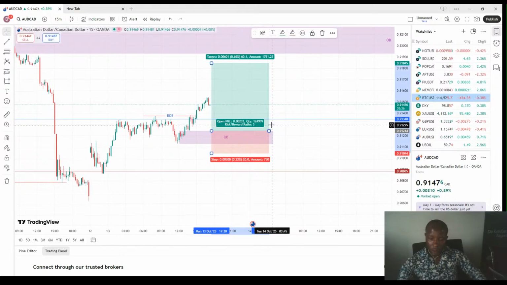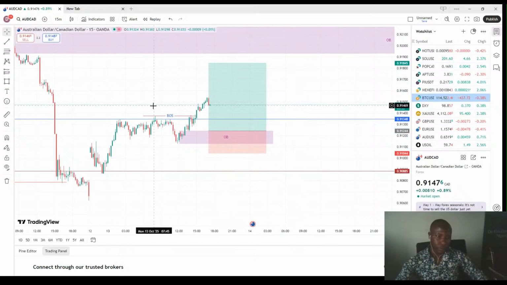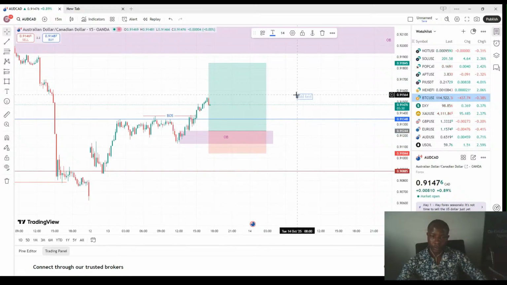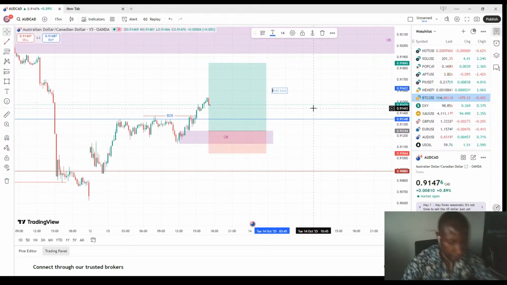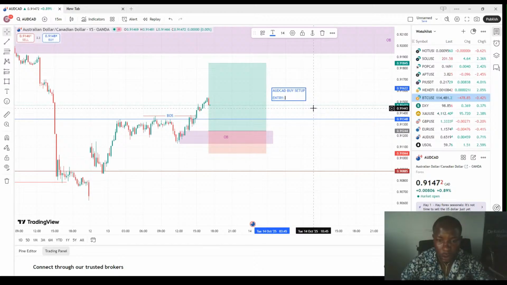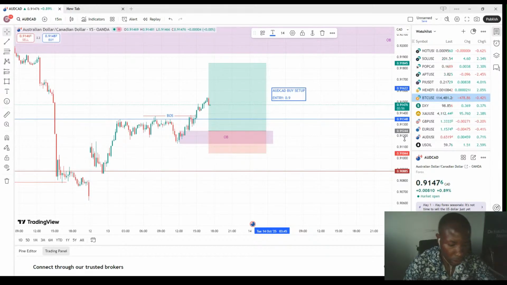So let me write out our trade. AUD CAD buy setup. Our entry level is 0.91244.